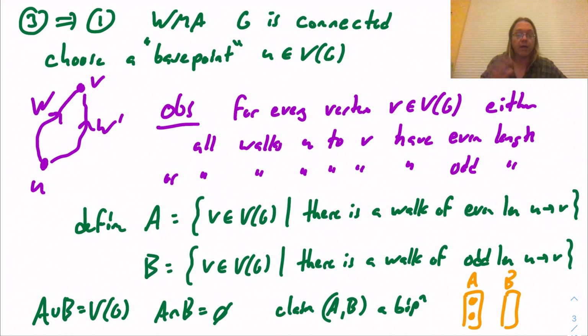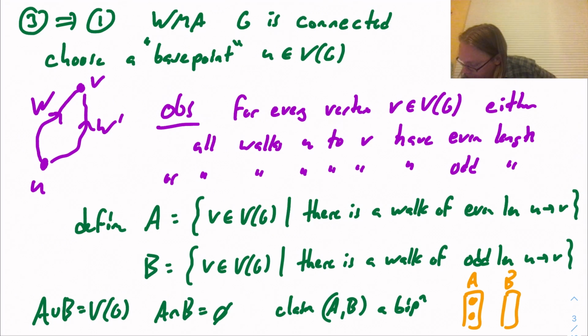I should say at the start, if we can prove this claim, then we're done. We've found a split of our vertices into a left set and a right set. I'm now claiming that every edge has to have one end in the left and one in the right. To prove that, again, I'm taking advantage of contradiction. So how am I going to prove that? Well, suppose it's violated.